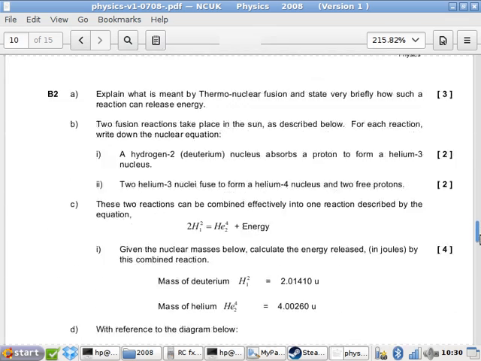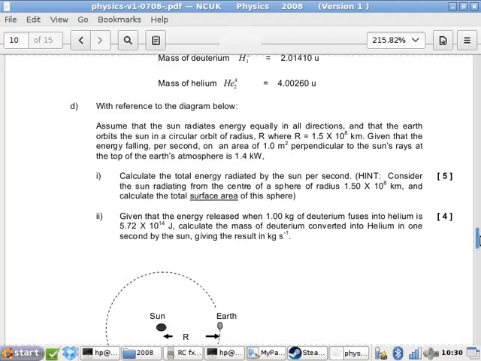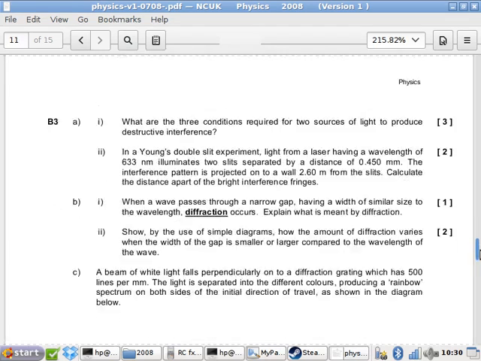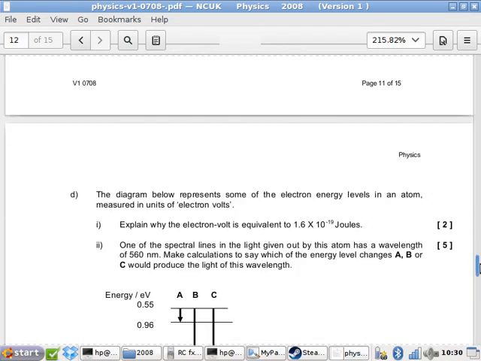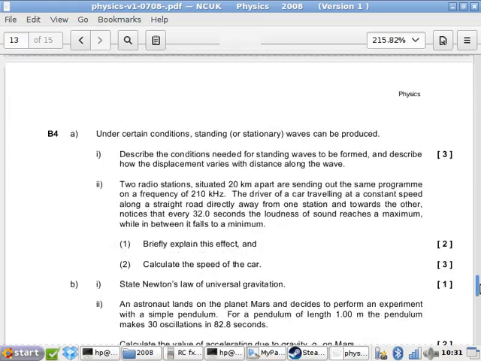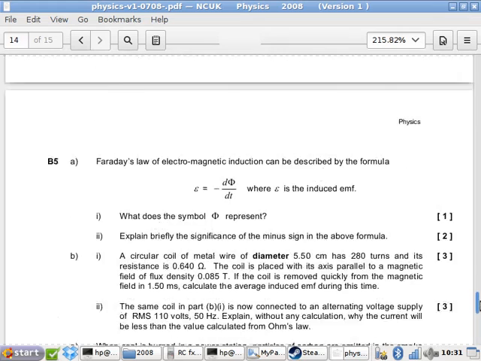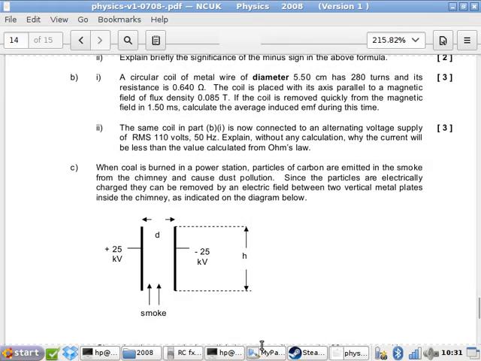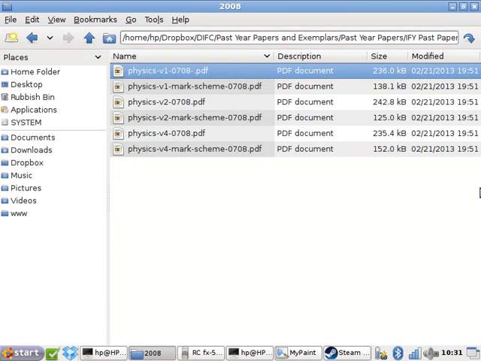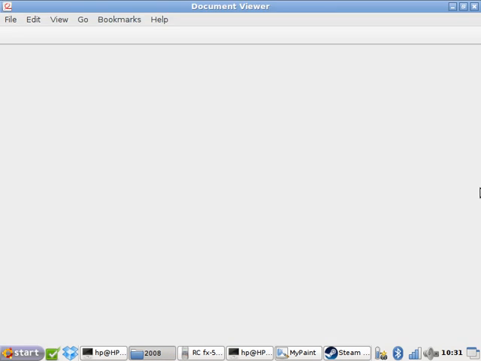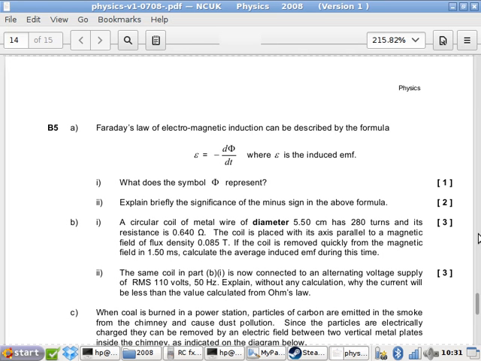Let's see. Atoms. Oh, smoke one again! Again, that's 2 years in a row they did that smoke question. Let's make it 3. Oh, now we're talking.